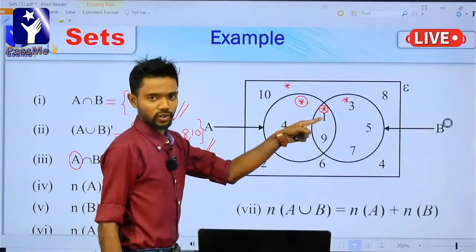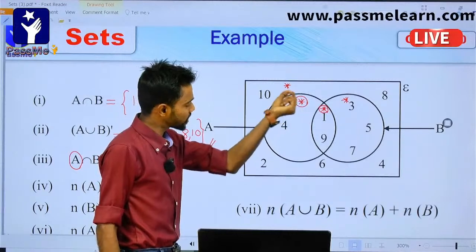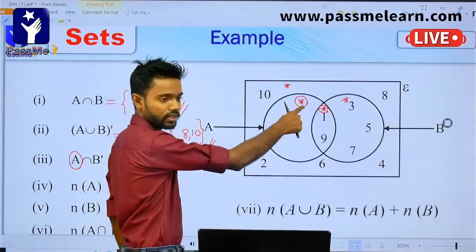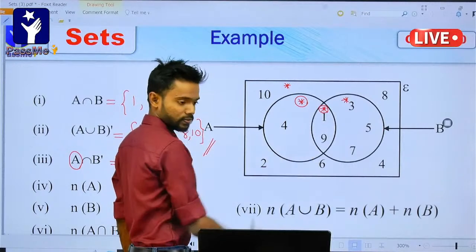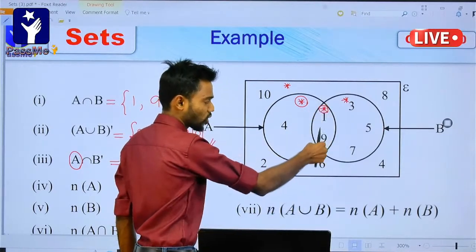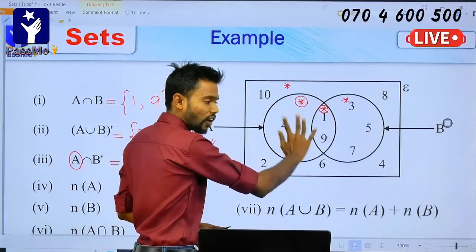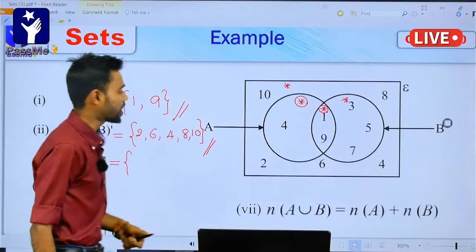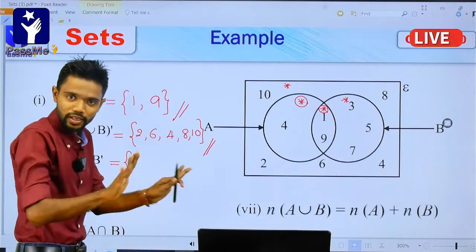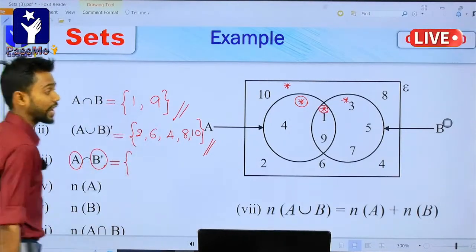Once I circle these stars, that means I have shaded this one. If you add those 2 together, I have shaded the capital A region completely, right?